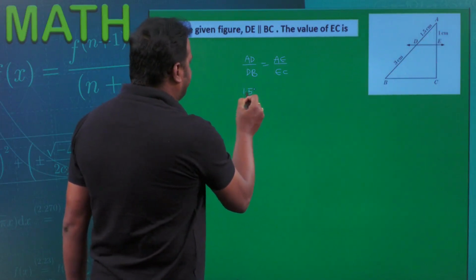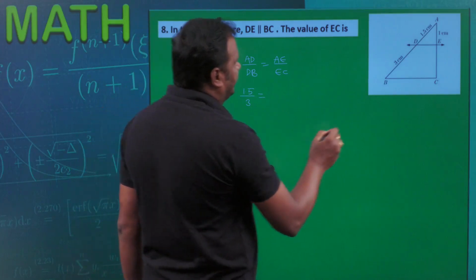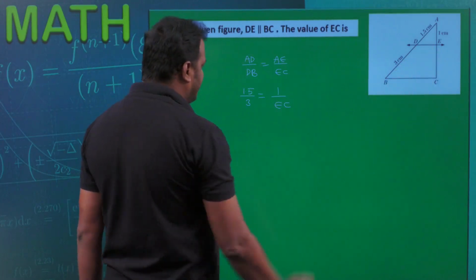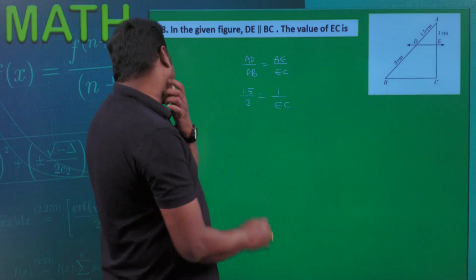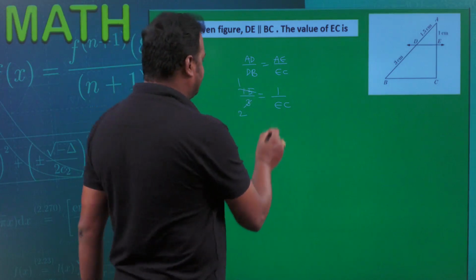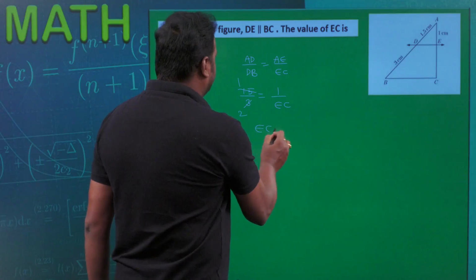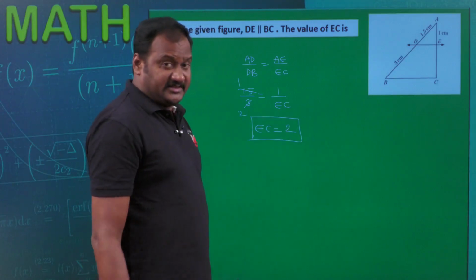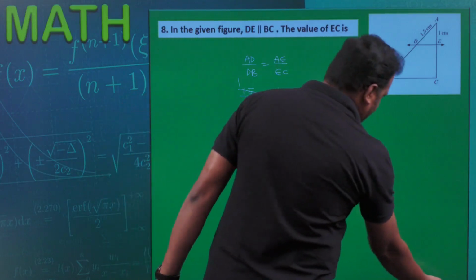So 1.5 divided by 3 is equal to AE by EC, that is 1 divided by EC. Now you see, you can cancel here: 1.5 ones, 1.5 twos are 3. By cross multiplication, EC into 1 equal to EC, 2 into 1 is equal to 2. Therefore, the value of EC is equal to 2.